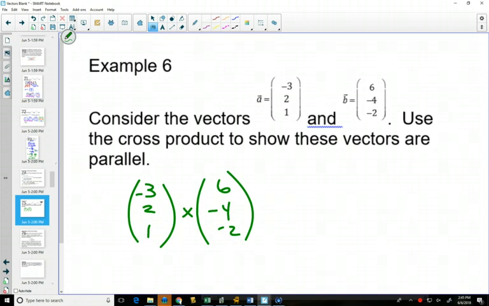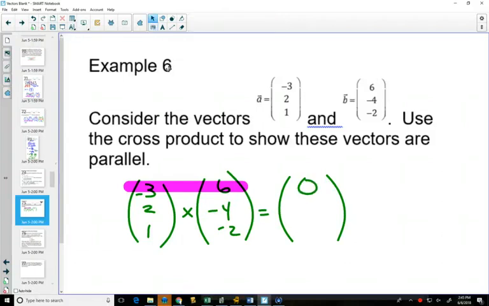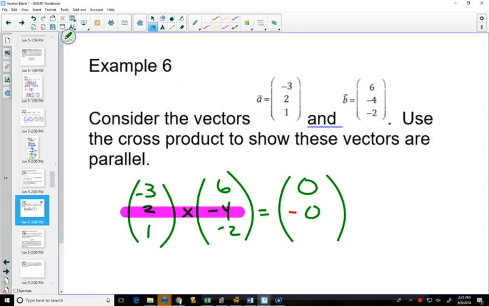But with the cross product, again, we'll use this. Do you like this technique? Is it easy to visualize? Okay. -2 minus -4, 0. Okay. 6 minus 6, 0.